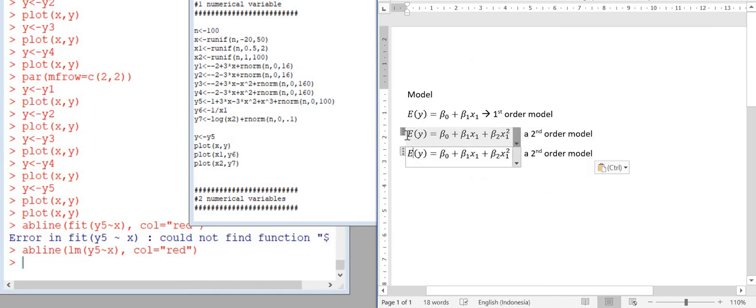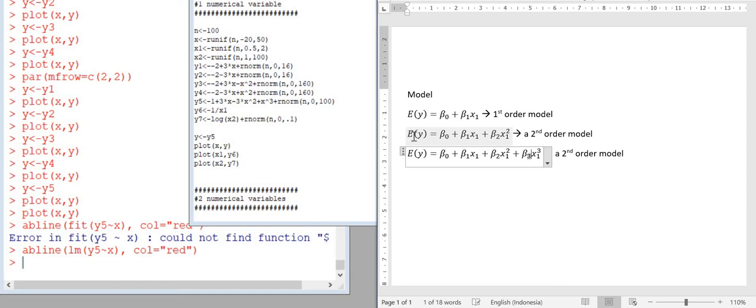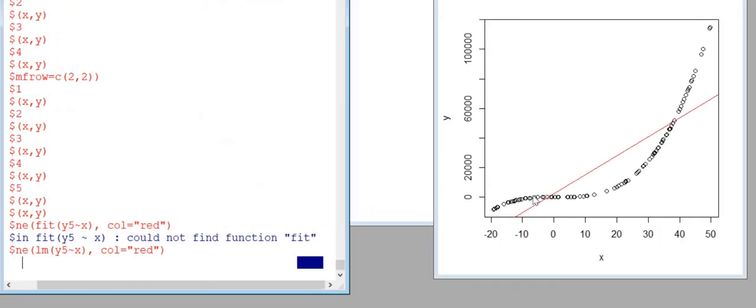So for that kind of pattern, I will put here a third order model: x1 cubed with beta 3. So that's our third order model for this kind of pattern.